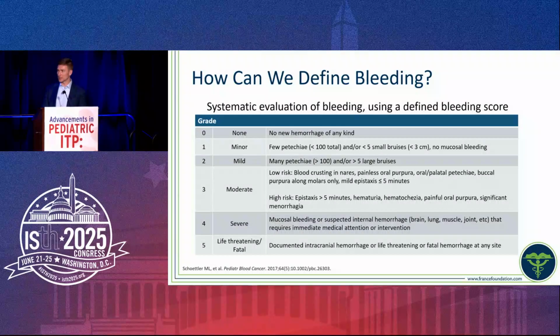Bleeding, I think we've done a better job at, and so deciding what is no or minor bleeding has been better defined in this scale, and those may be the most appropriate for observation and continued active outpatient monitoring. When you get into more serious, mild and moderate bleeding, that's when you start to think about the role for therapy. And obviously severe or life-threatening bleeding is something that you want to treat and treat quickly.